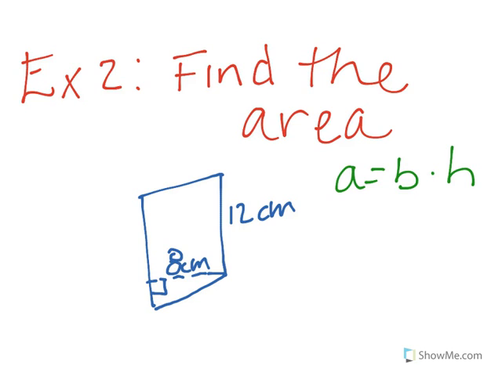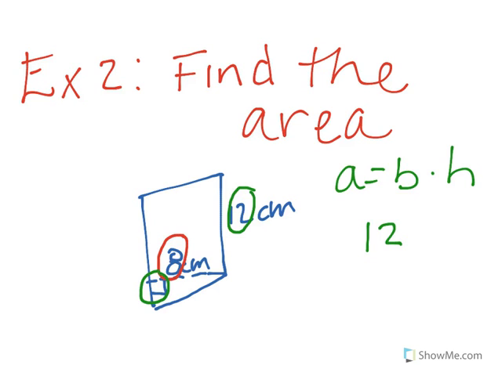I know that this is my base, 12, and I know this because my height is right here. I know my height is there because I look at this right angle, and my height always falls where the line crosses with the right angle.